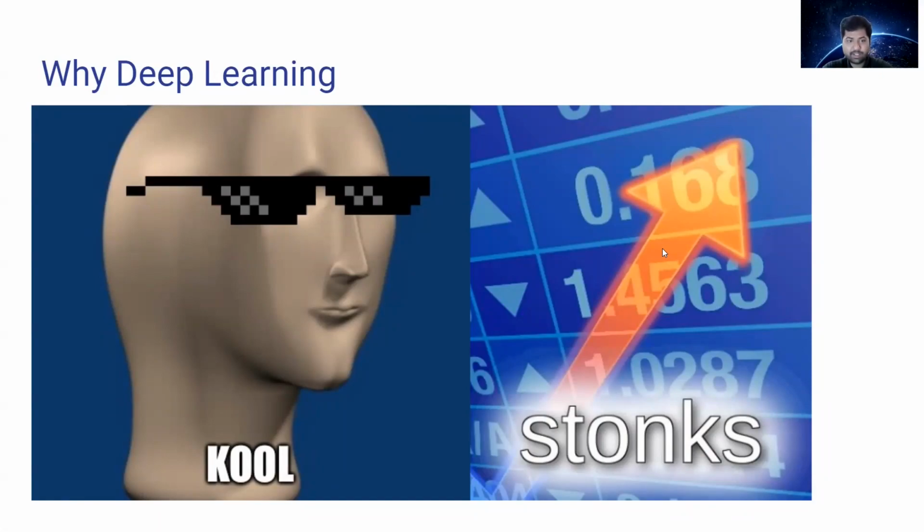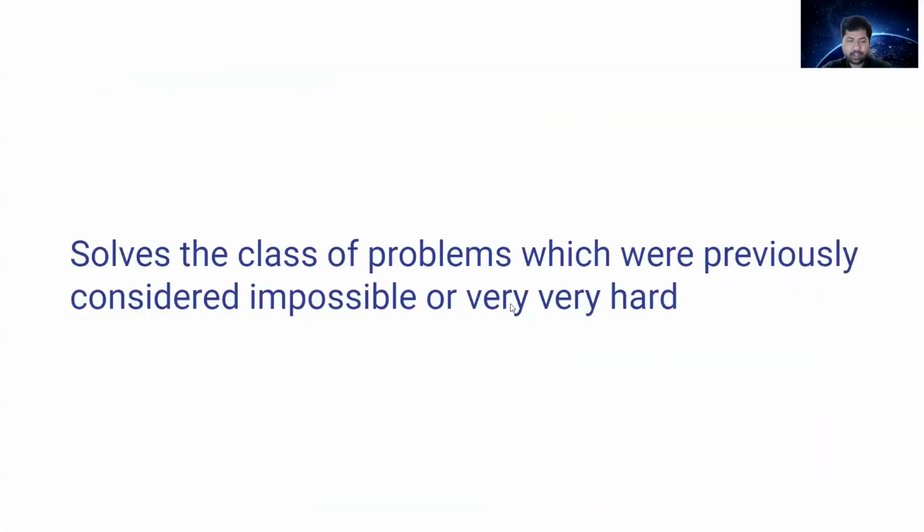But more importantly, deep learning helps us solve a class of problems which were previously considered impossible or very, very hard to solve. The simple example, as I mentioned, is differentiating between faces. It's much harder to do using classical algorithms, so we rely on deep learning to solve such problems.